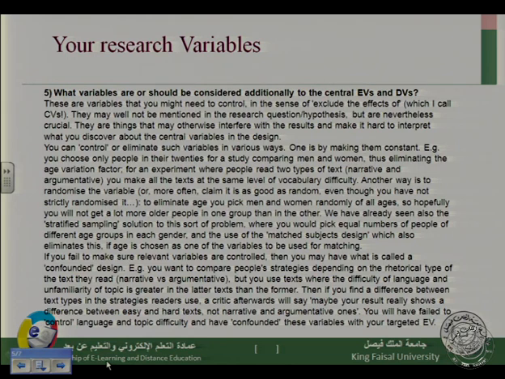You don't bother about gender, for example, in your analysis. When you analyze your results, you don't think about gender. So they may well not be mentioned in the research question or hypothesis, but are nevertheless crucial. They are things that may otherwise interfere with the results and make it hard to interpret what you discover about the central variables in the design.